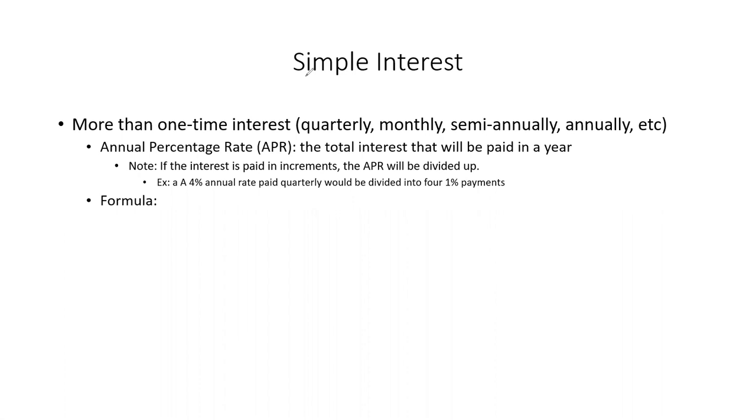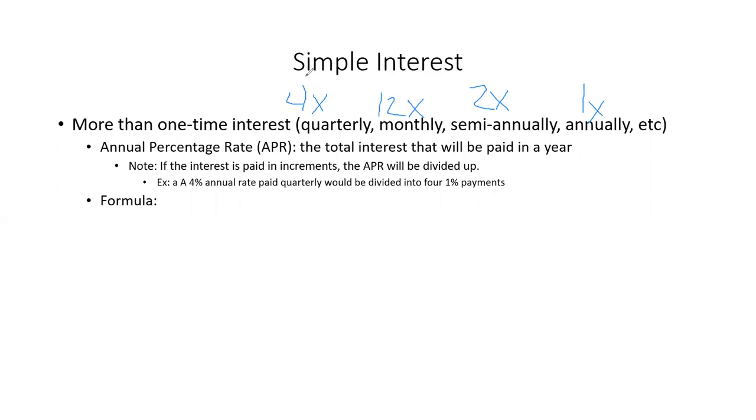Here it's saying, okay, well, maybe 4 times a year, or 12 times a year, or twice a year, or 1 time a year, we're going to charge that interest.